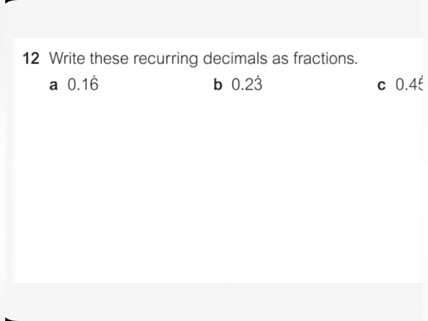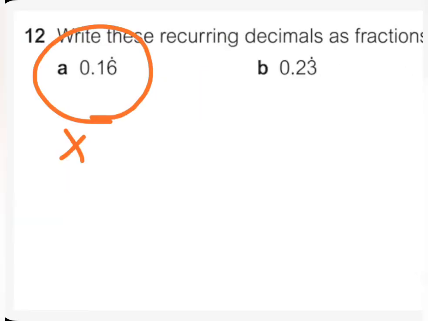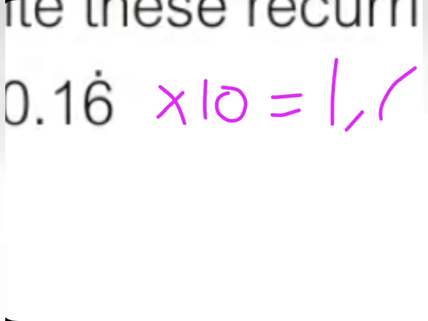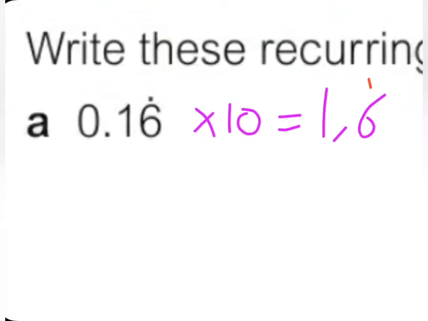First, let's take this and multiply it by 10 to make a good recurring decimal that we can start answering. So 0.16, when you multiply it by 10, will give you 1.6 with a point on the 6, which means it's repeating or recurring.